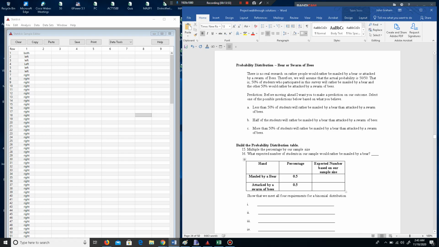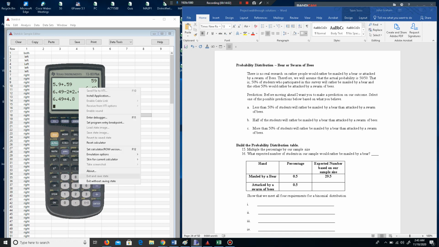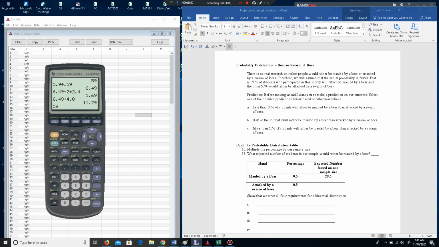So our expected number is going to be 29.5, which is 59 times 0.5, right? Make sure I do my math right. Yeah, 29.5. And that's going to be for both. Okay, because it's all equal here.